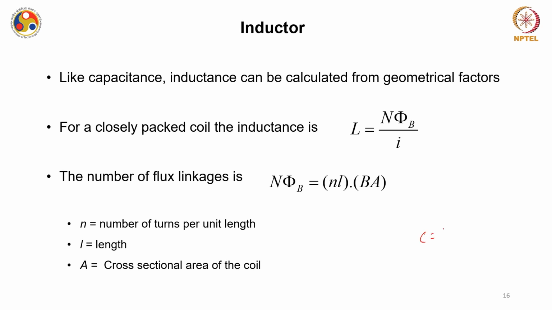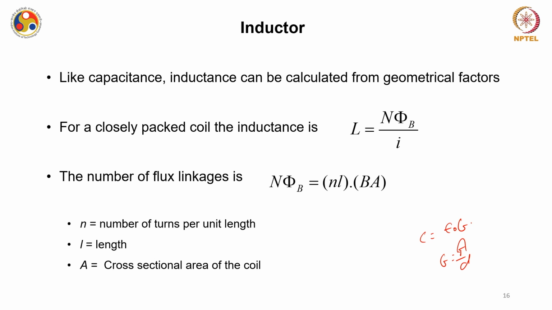We have introduced, if you remember, a geometry factor for capacitance. The geometry factor for a parallel plate capacitor was, say, C equal to epsilon naught into geometry factor G, right? G was A by d. Similarly, we have to also introduce one geometry factor for inductance or inductors, okay. For a closely packed coil, the inductance value can be calculated as N phi by I, okay.